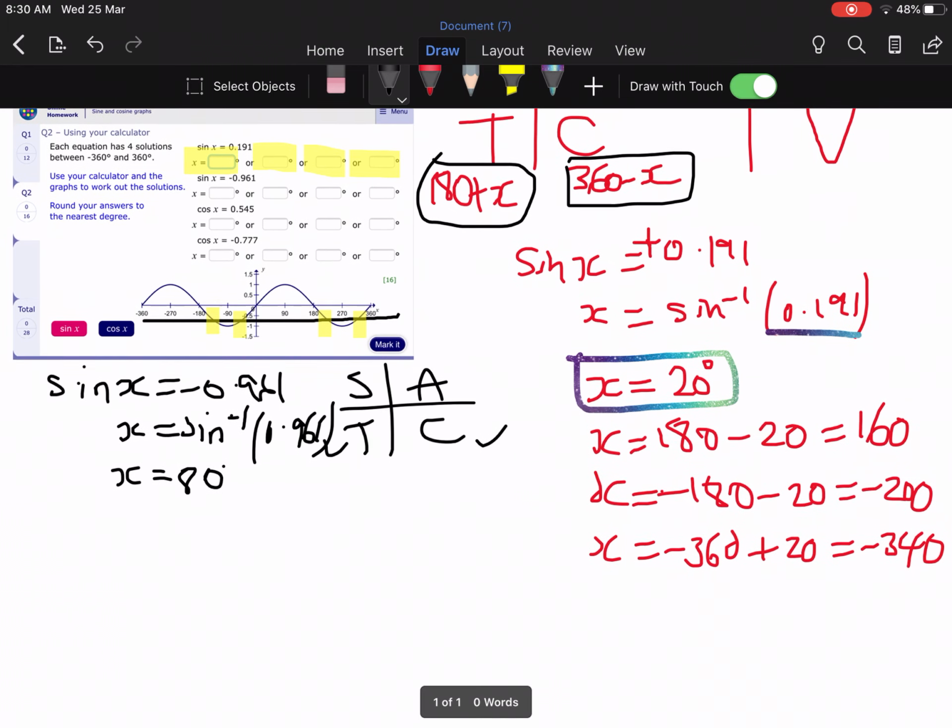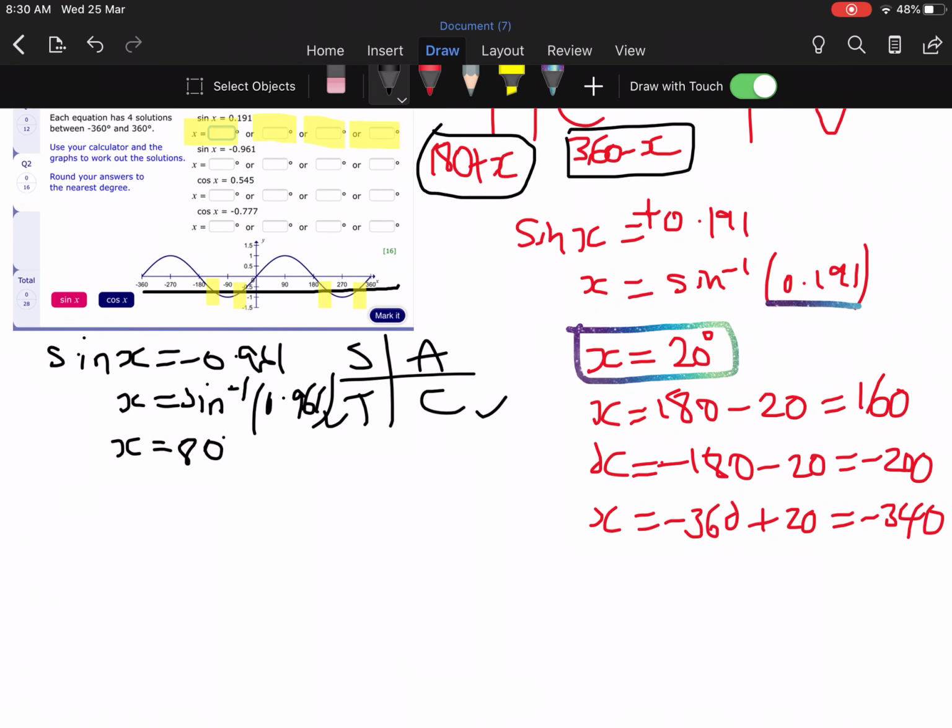So now, using my cast diagram, what does it say? Well, I now need to use 180 plus x, and I now need to use 360 minus x, because I'm using these quadrants here. So what is x? x is not 80, 80 is up here. So that 80 is just what sine x would be if it wasn't negative.